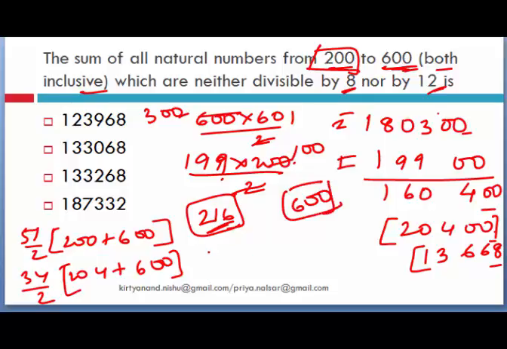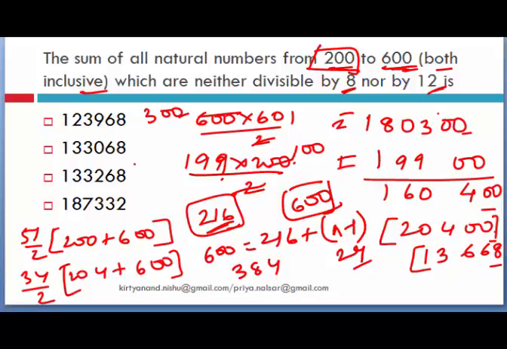the last number of the series is 600. So how do you find the number of terms? Again using the same method, and here the common difference will be what? It will be 24. Okay. If you take the difference, it will be equal to 384. Alright.